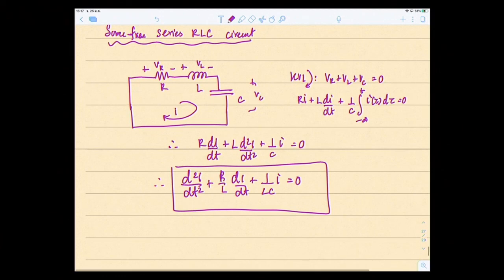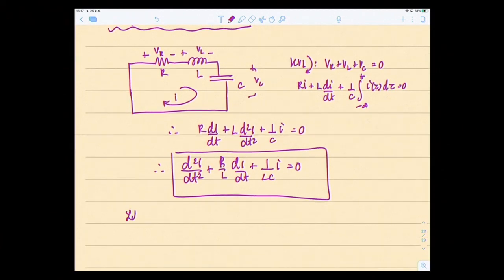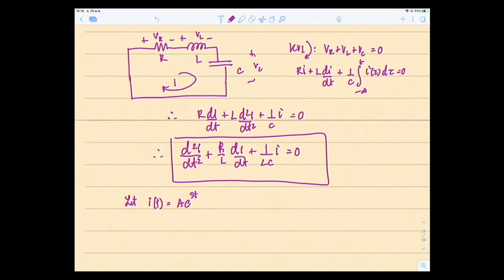If I let my solution i(t) become equal to A e to the st, and then substitute it back into the second order equation, I would have A s square e to the st plus A R over L s e to the st plus A over LC e to the st equal to 0.